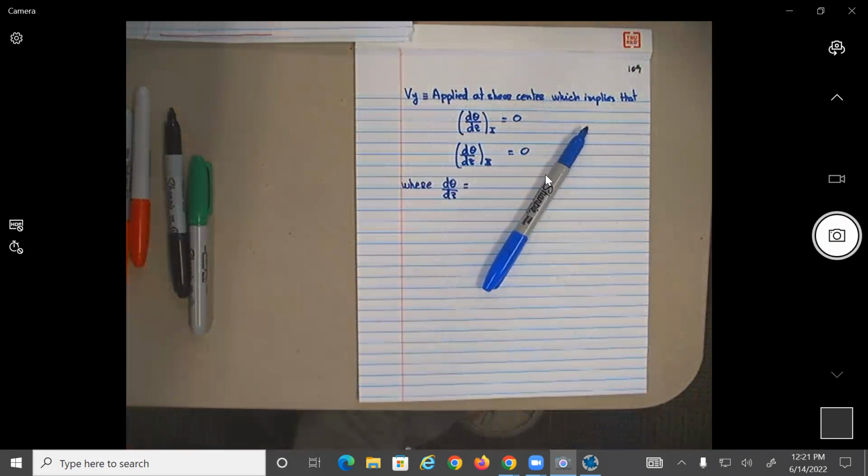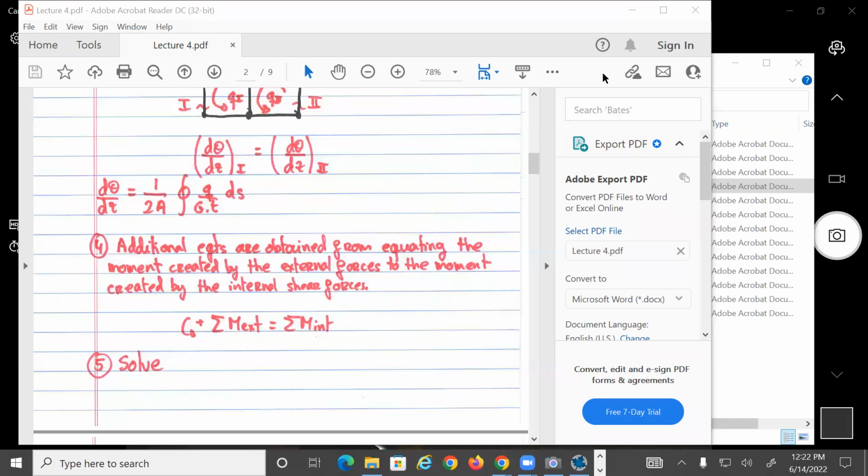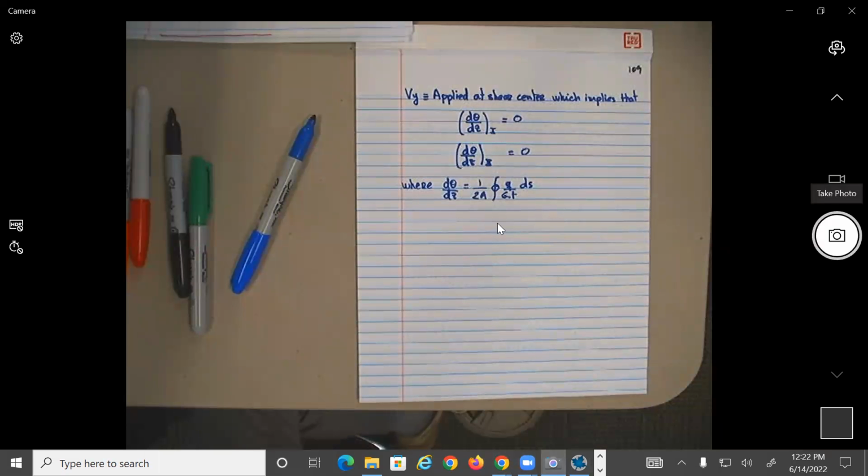I think I know it, but I don't want to make a mistake, so let me go and check. Okay, so we want to find the equation for d theta dz. It's over here. All right, so this is what we have.